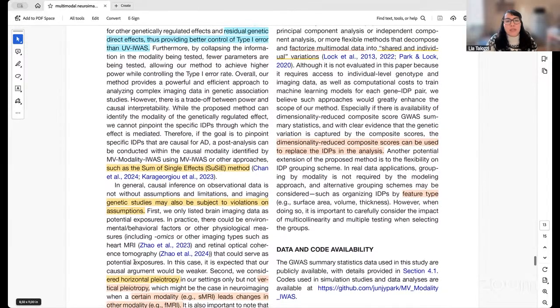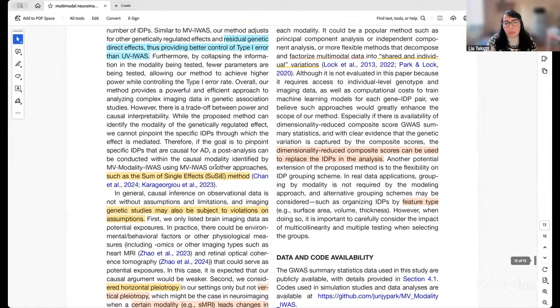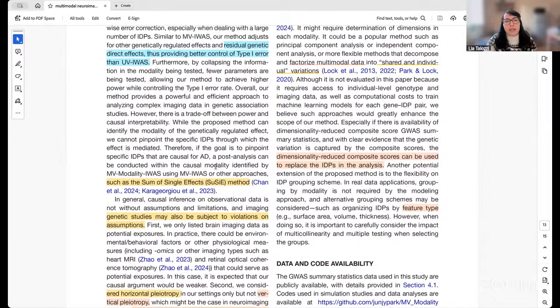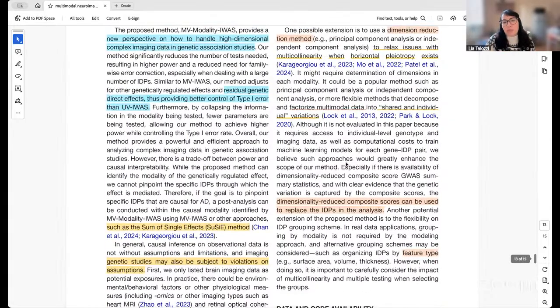They point to other methods, like SuSiE, another method that I've been using, for example, in proteomics, that does these corrections for false positives afterwards, as a second step. Or they also point to dimensionality reduction, which is also something I work on. This could be another way to extract information from one image, so the same modality, putting all the information together.